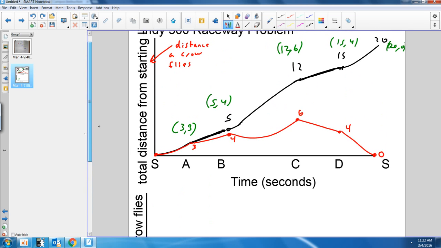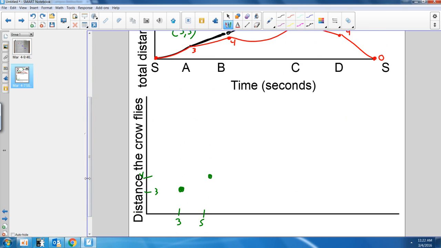So 12, 6, 12 comes out here. 15, 4. And 20, 0. So you have now a graph relating the two. I really think that's the easiest way to think about that.